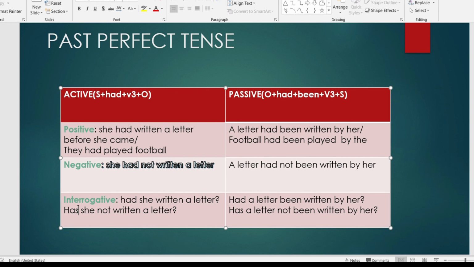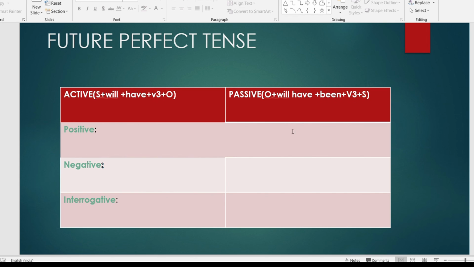If you guys are good at understanding, you can even understand this thing. I don't have to make these sentences twice. I think just copy pasting and making it clear with just the replacing of has, have with had. Okay, so let's get to future perfect tense now.